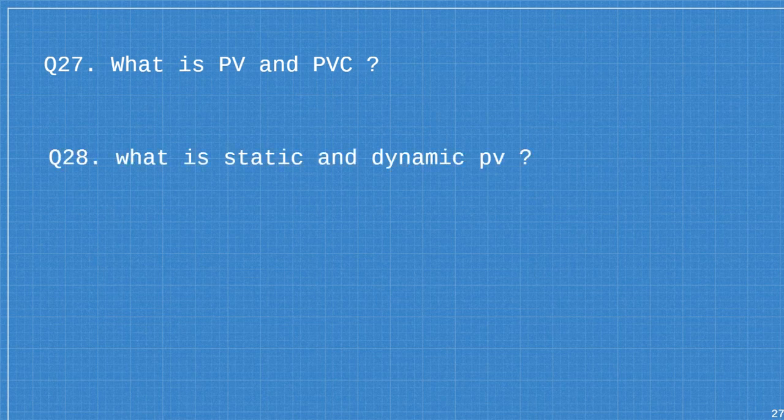Okay, static and dynamic PV. Actually, memory is very costly, and whenever we are creating the infrastructure, we have to take care of the money, plus security. So when we are talking about the PV, we make a PV and after that we make the claim, but it is not the best approach in today's time.